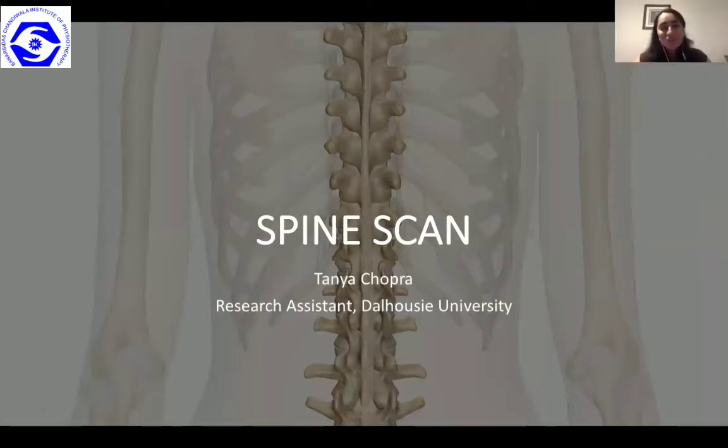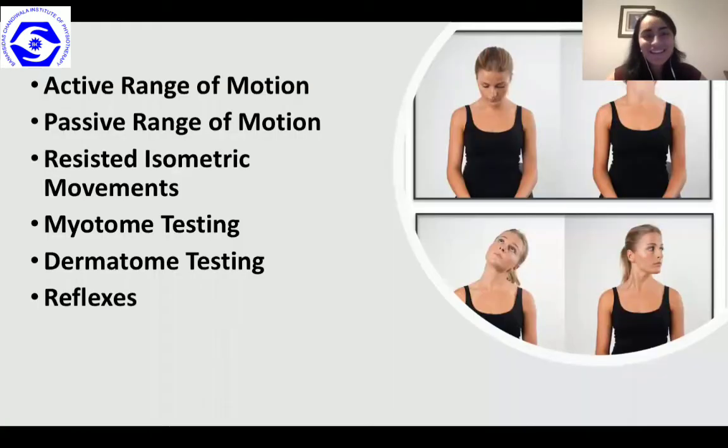So today's topic is spine scan. Today we'll be going through the following topics, which are active range of motion, passive range, resisted isometric movements, myotome testing, dermatome testing, and reflexes.